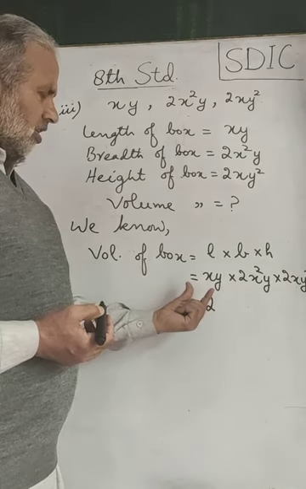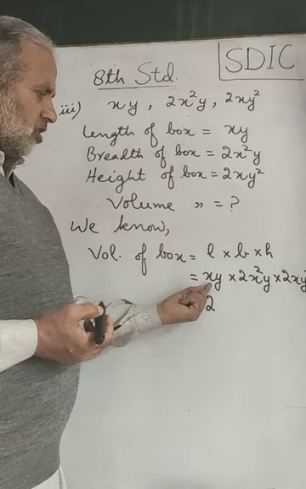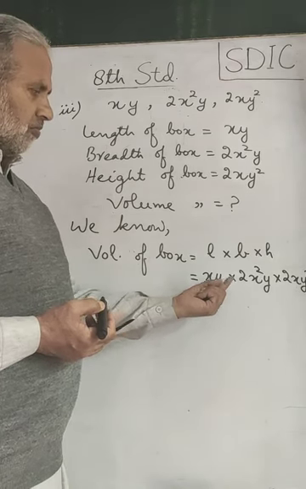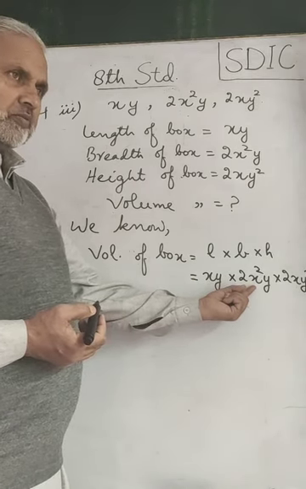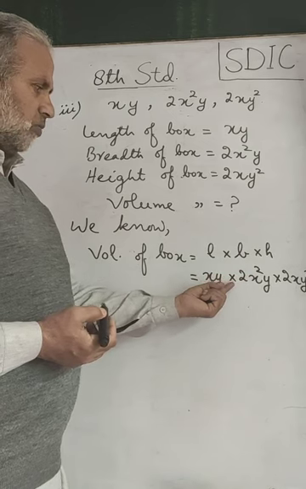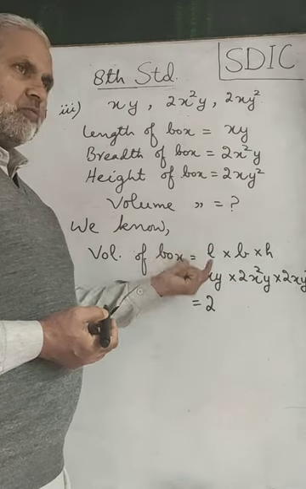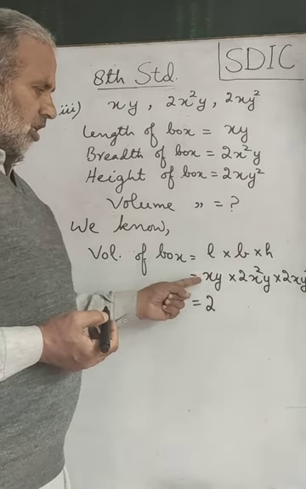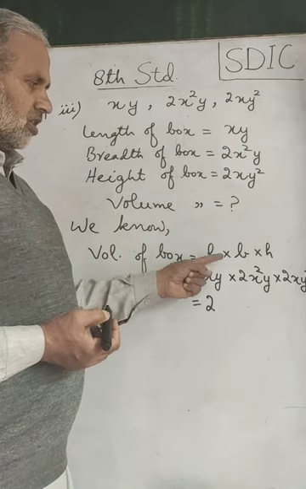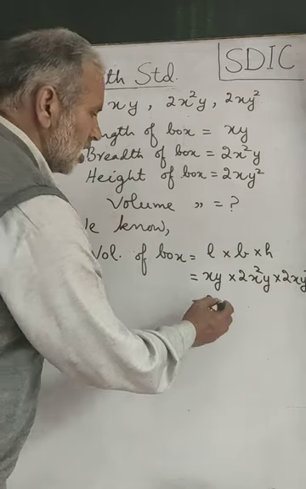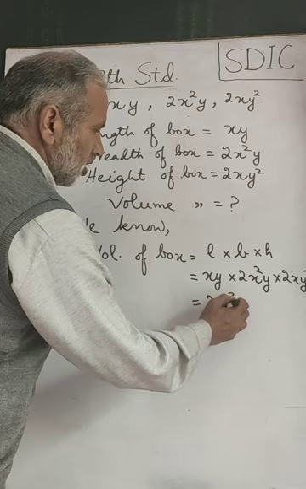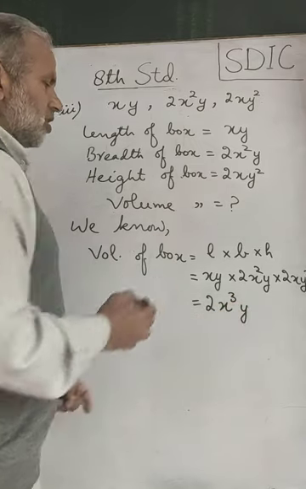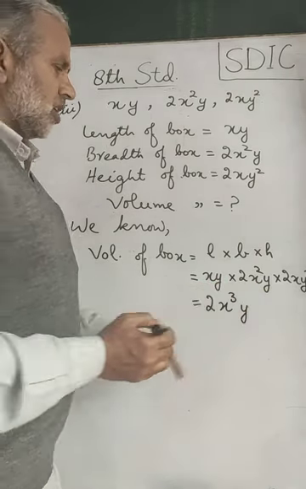And in the variable part, we find the first variable is x, which appears in the second monomial also. Therefore, the law will be used in multiplication. Bases are same. Powers will be added. Power here is 1. Nothing is there. 1 is there. 2. 1 plus 2 will be 3. So it will be 2x raised to power 3. Then similarly, y will be raised to power 2.